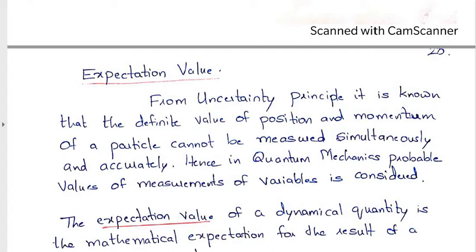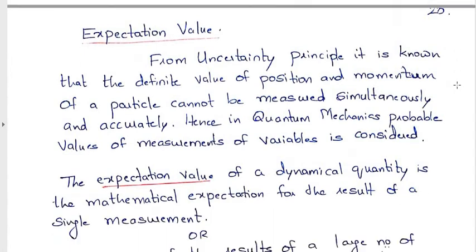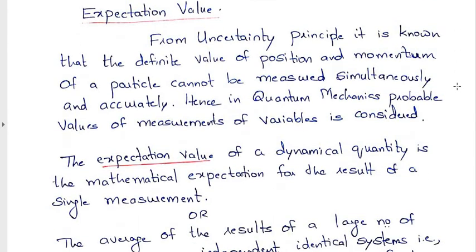So therefore, it becomes possible to define the average value or expected value of any function f of x or coordinates. We have also known from the previous semester, from the uncertainty principle, that the definite values of position and momentum of a particle cannot be measured simultaneously and accurately.